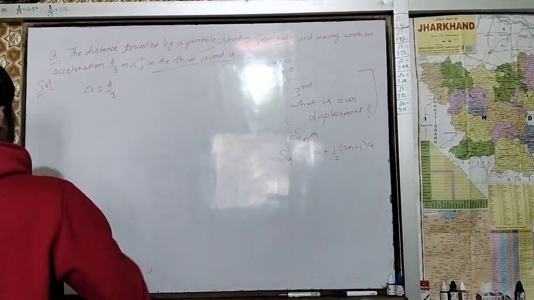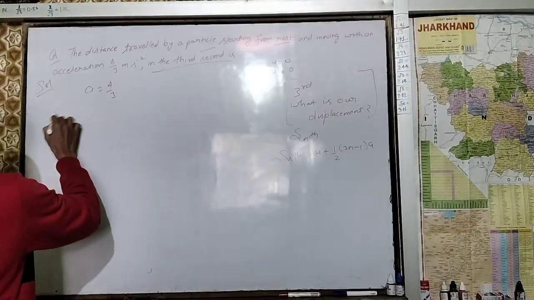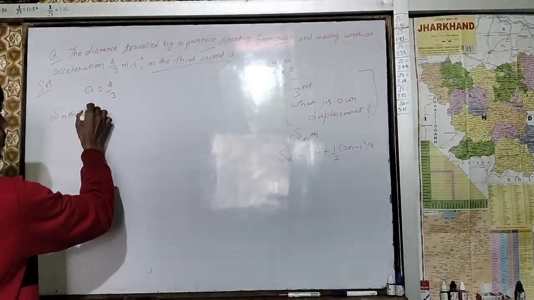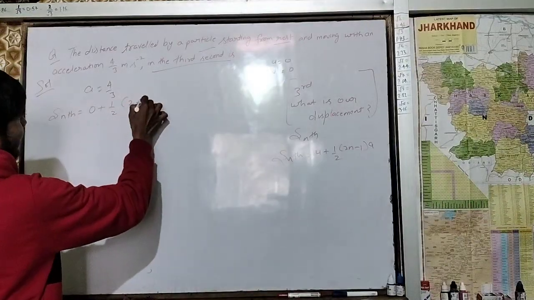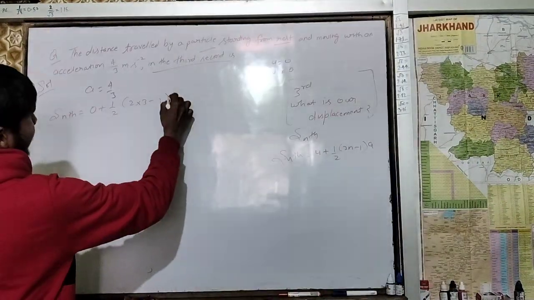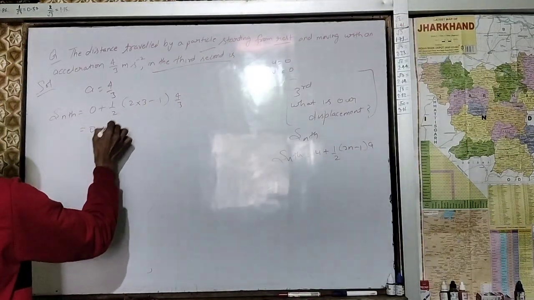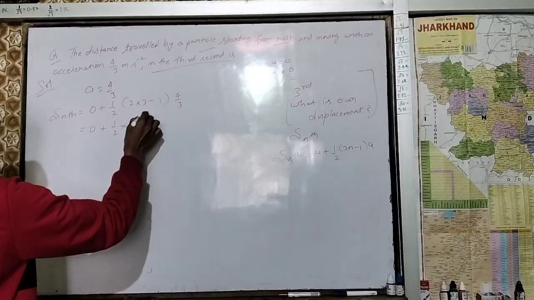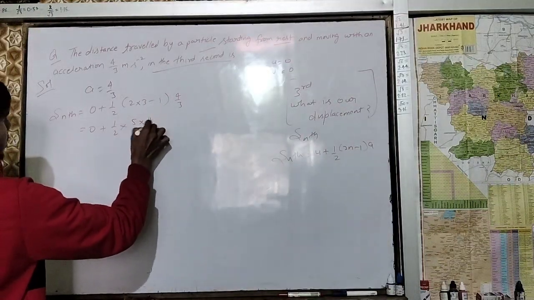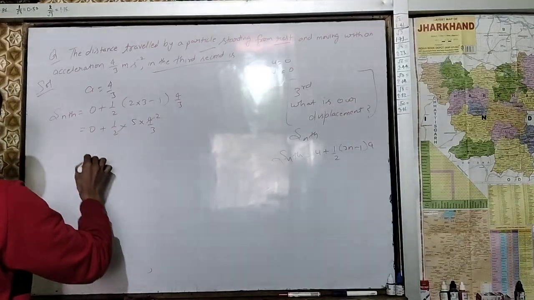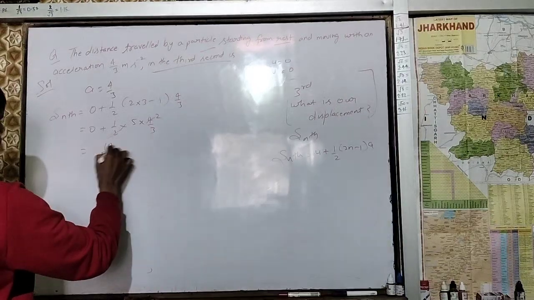With the given acceleration, S_nth is equal to u which is 0, plus 1 by 2, 2 multiplied by 3 minus 1, and a is 4 by 3. So it will become 1 by 2 multiplied by 6 minus 1, which is 5, multiplied by 4 by 3, giving 10 by 3.